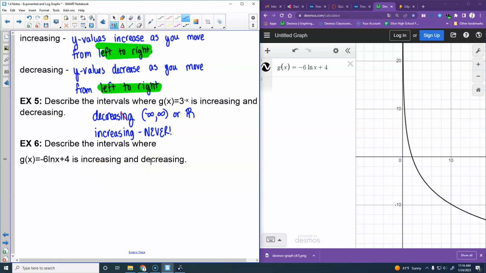Is this function increasing or decreasing? It's going to be decreasing because as I go from left to right, I'm going down. So I would be decreasing from 0 to infinity, or x is greater than 0, and increasing never.